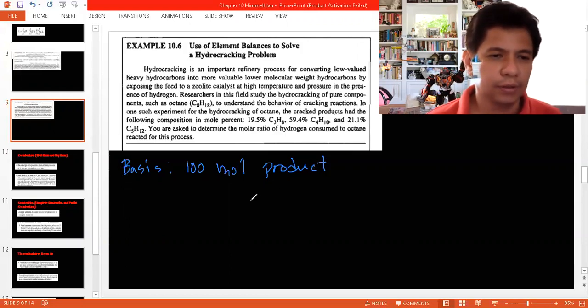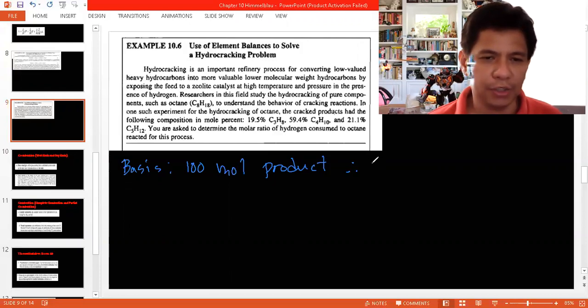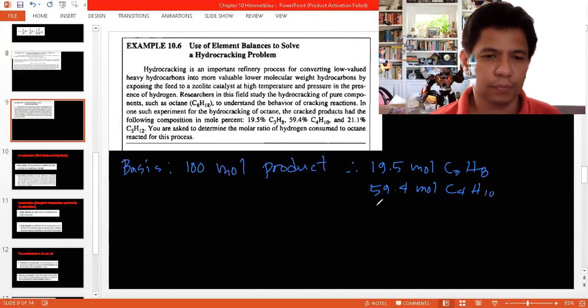That means you will have 19.5 moles of C3H8, 59.4 moles of C4H10, and 21.1 moles of C5H12.